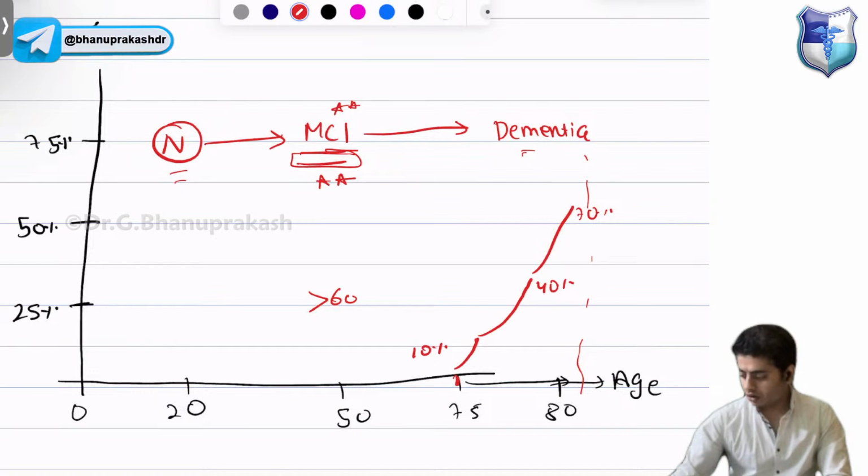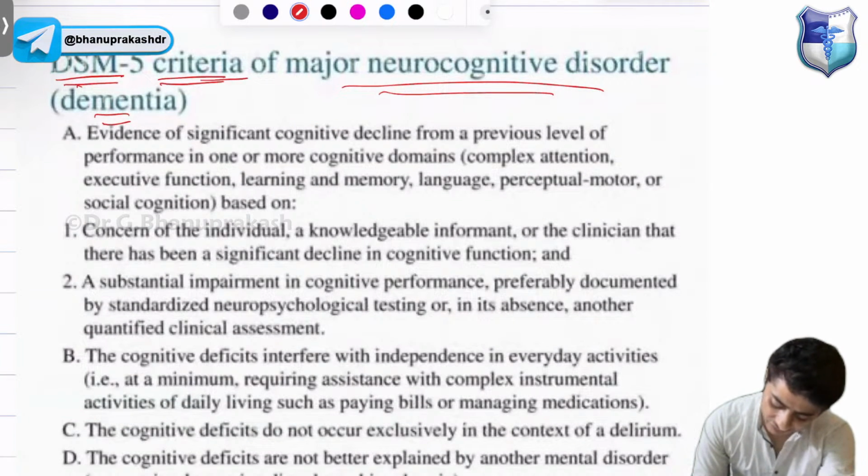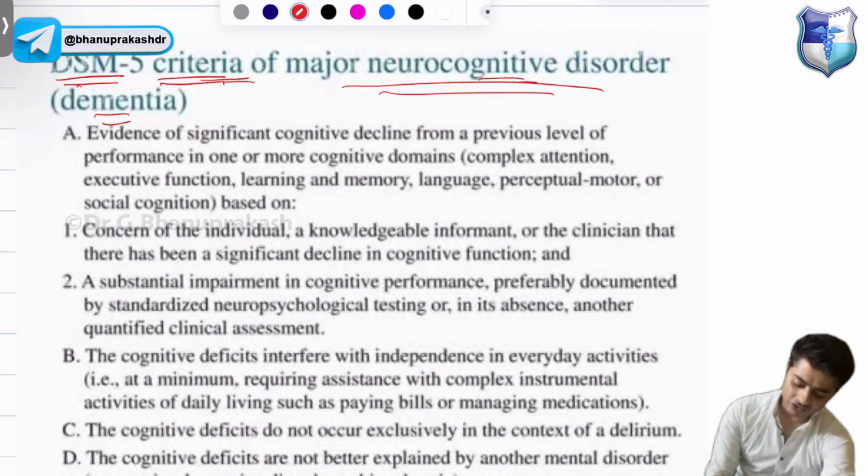Okay. So now we'll move to the criteria. So DSM-5 criteria for major neurocognitive disorder, that is your dementia.